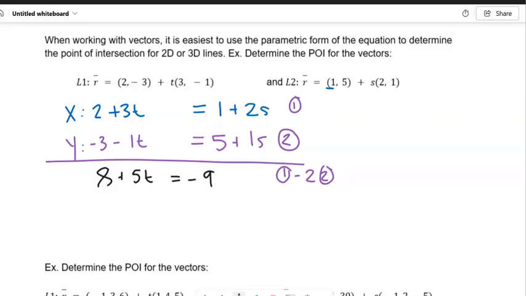And 2 minus 1 times 2 is 0. Okay, so I eliminated the s, and now I'm going to rearrange to show that 5t equals negative 17 and t equals negative 17 over 5.